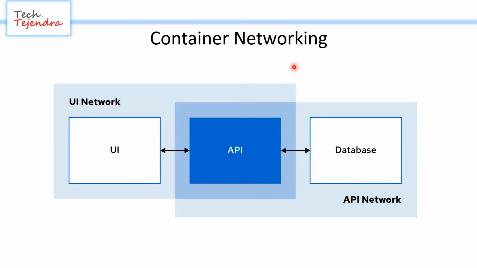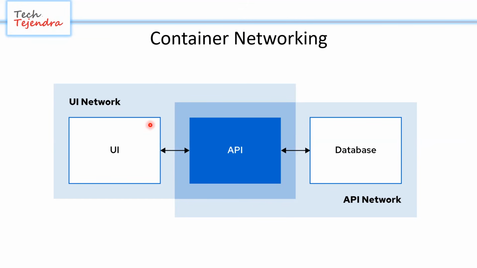There might be applications running in a number of containers, like in a microservice environment, in which there might be hundreds of microservices communicating with each other. These communications require a network also.